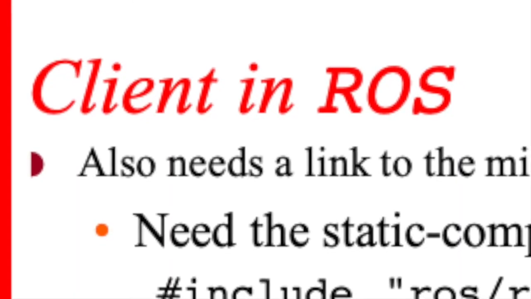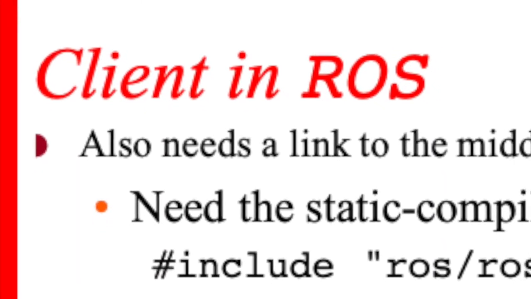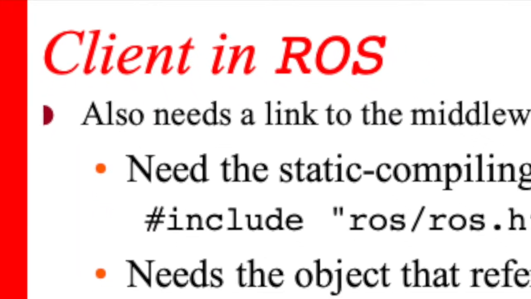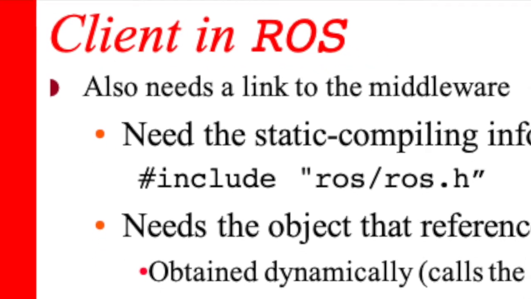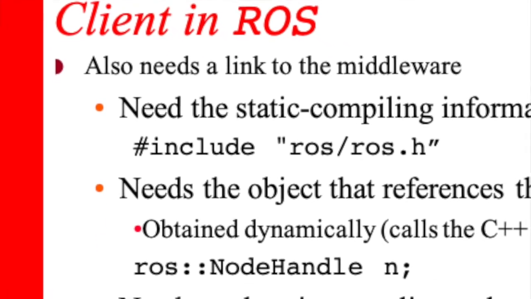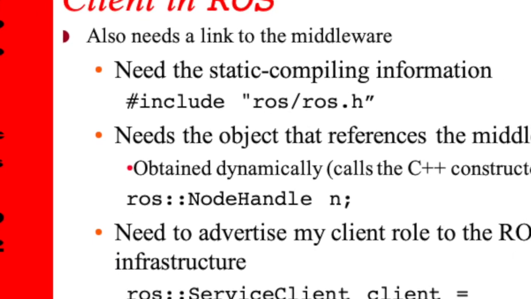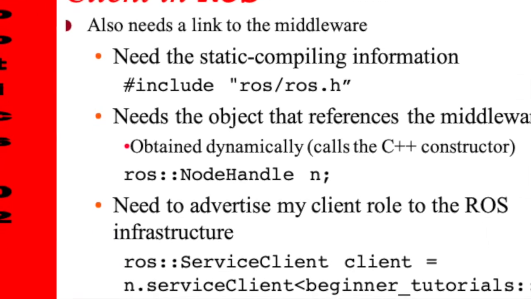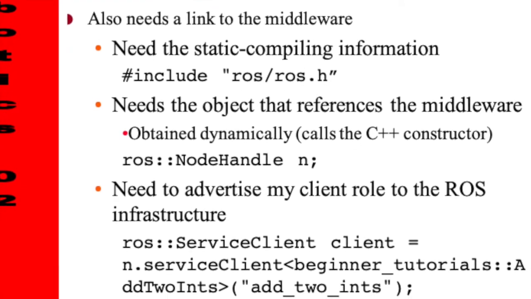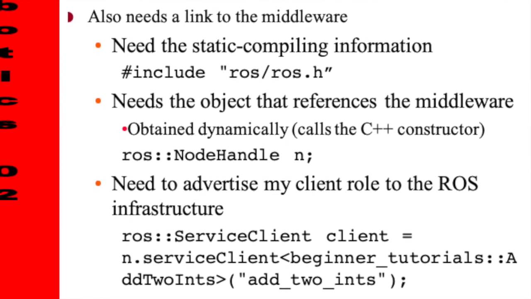What is the structure of a ROS node that acts as a client? Well, it has basically the same things. It has to include the ros.h file for the ROS infrastructure. It has to construct a node handler in order to connect to the middleware, and it has to indicate that it is a client.